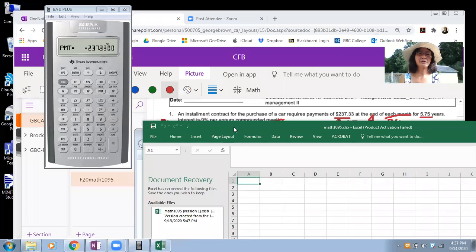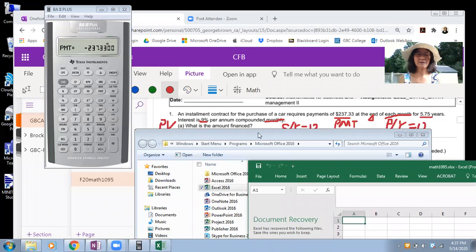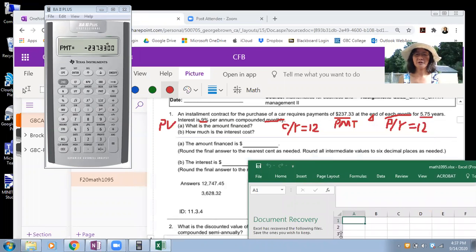I'll do a side calculation for 12 times 5.75. So 69. I'll type in 69, that is N. And interest is 9, so 9 is IY, interest.